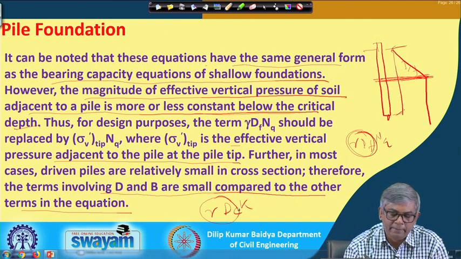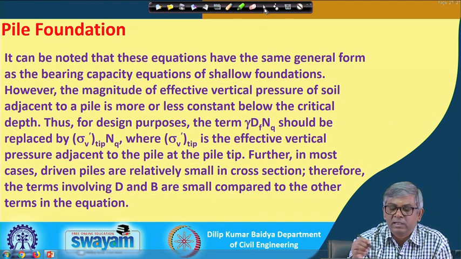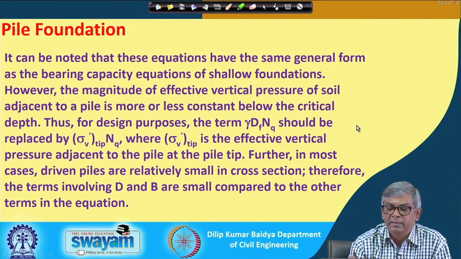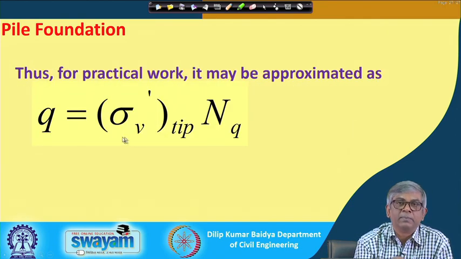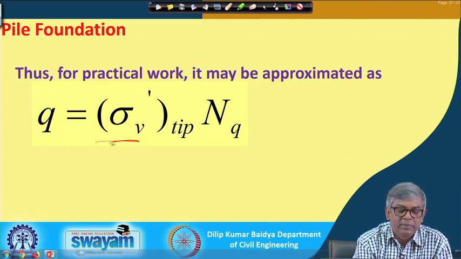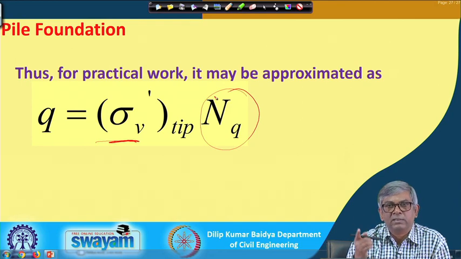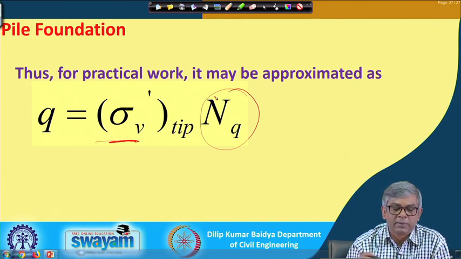Because of that, we express the bearing capacity of the pile by this equation. We consider q equal to sigma v dash tip Nq, and this Nq is not the same as the Nq of shallow foundation. We will discuss that in the subsequent lecture.